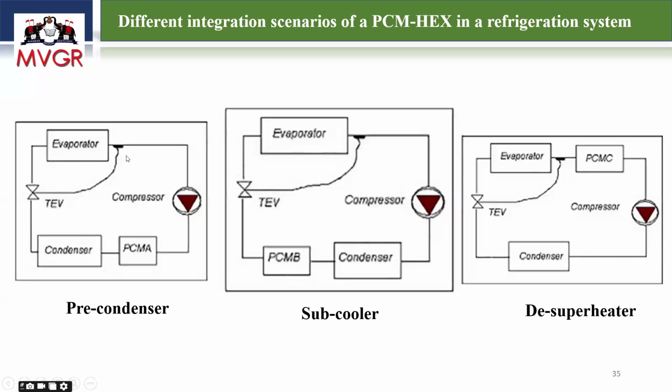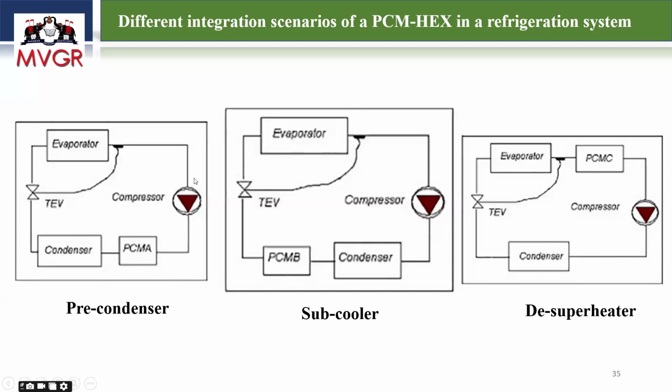The basic working principle of a refrigeration system involves the evaporator, compressor, condenser, and expansion device. How does the evaporator work? It absorbs heat; the liquid refrigerant absorbs the heat, and the vapor refrigerant enters the compressor.